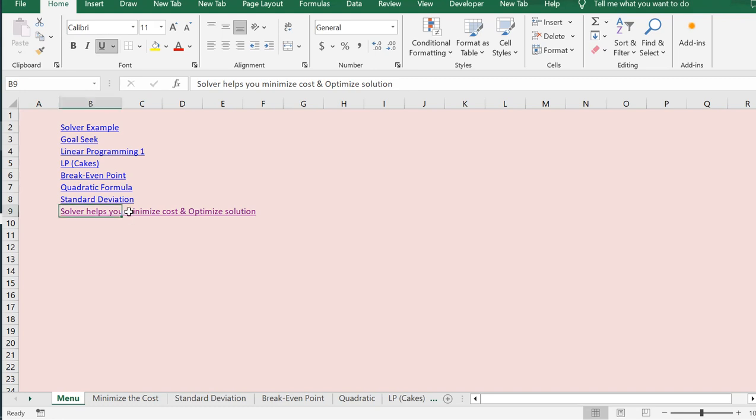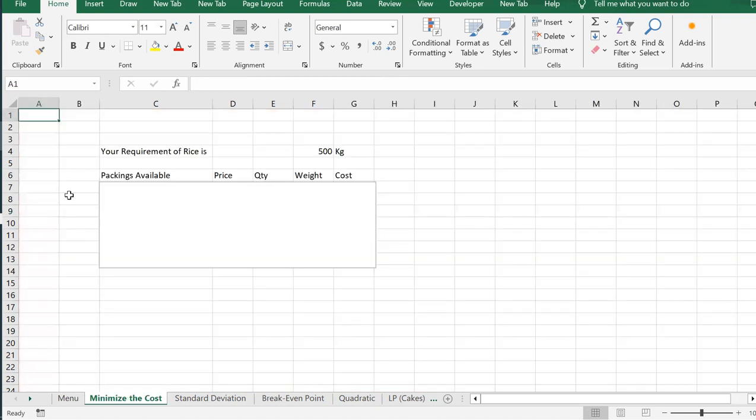Okay, so Excel has the solver, which is very multi-purpose and very efficient, and you can use it in numerous ways to come up with an optimum solution for a given situation.